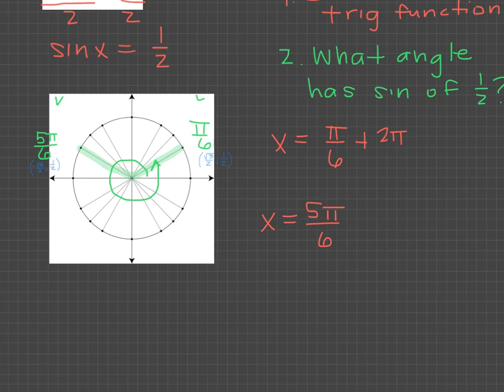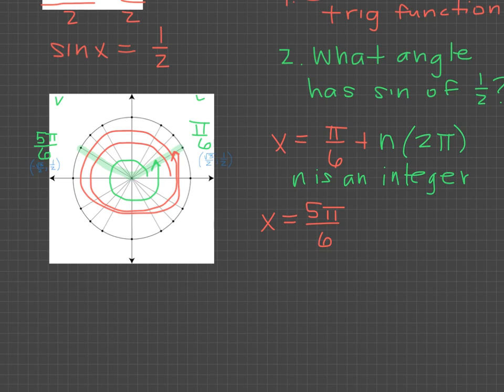We could also take another rotation, which would be adding 4 pi, and we could continue that on adding rotations and ending up with that same terminal side, which has that same point, which is going to give us that same sine value of 1/2. To represent every angle with that terminal side shared with pi over 6, we are going to add n times 2 pi, where n is an integer.